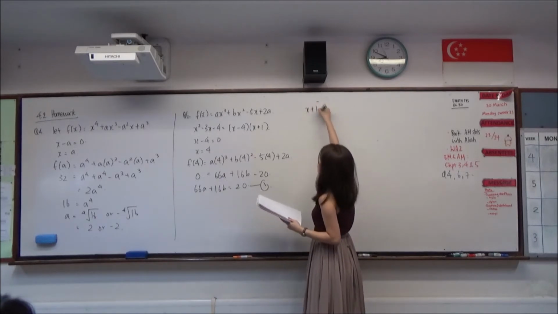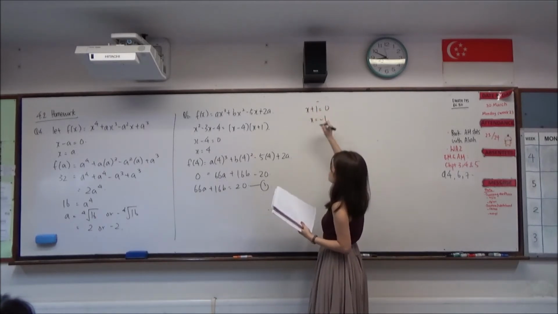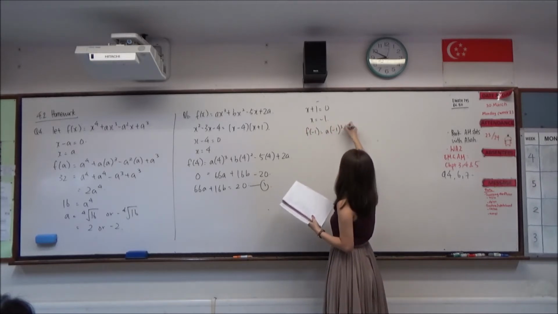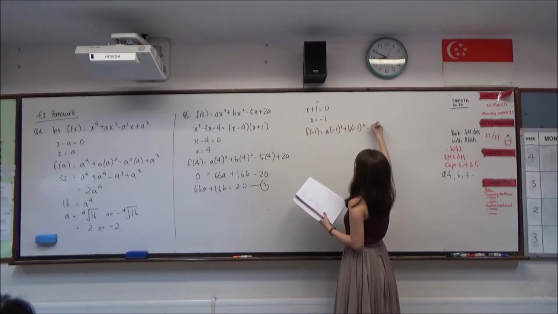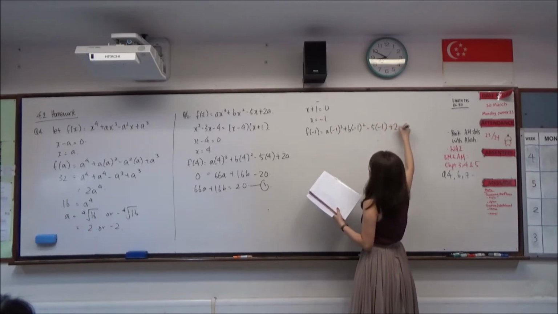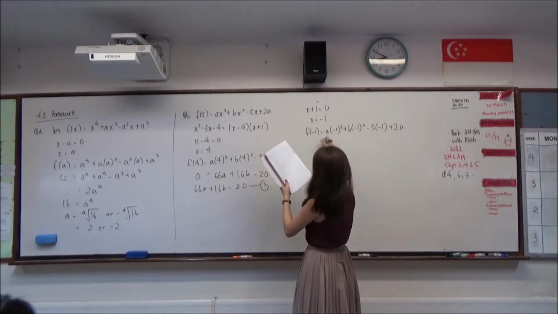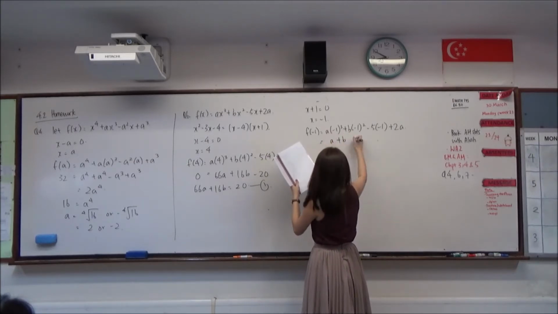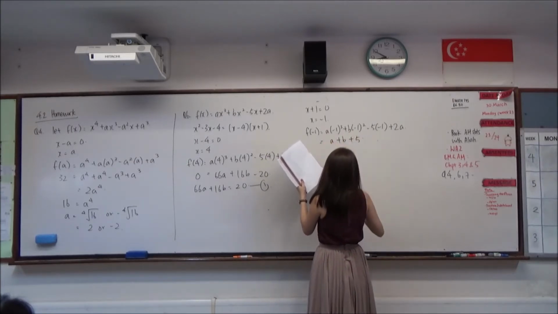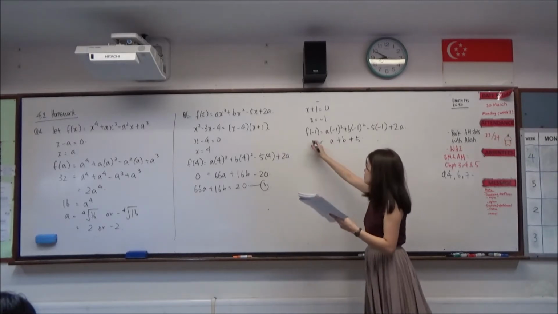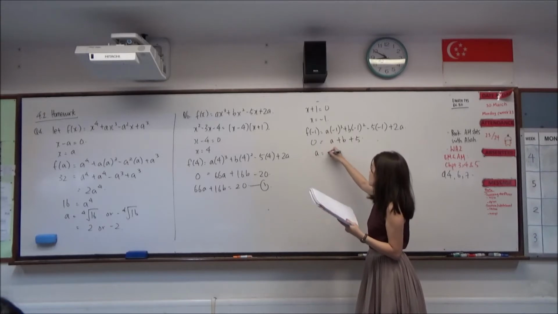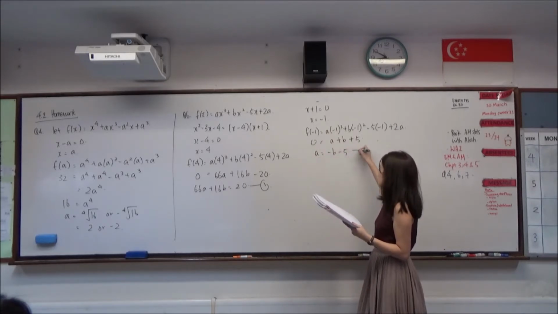And if I have x plus 1 equals to 0, we choose x equals to negative 1. And you'll eventually get a plus b plus 5 equals to 0. So a will be equal to negative b, negative 5.